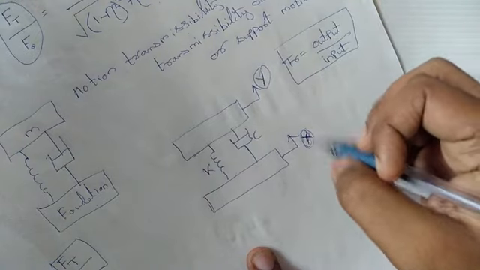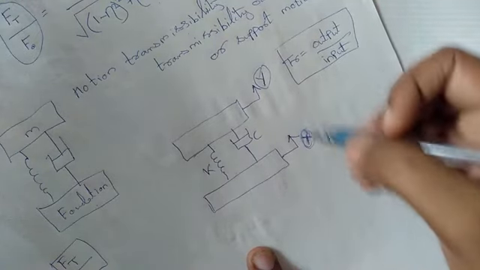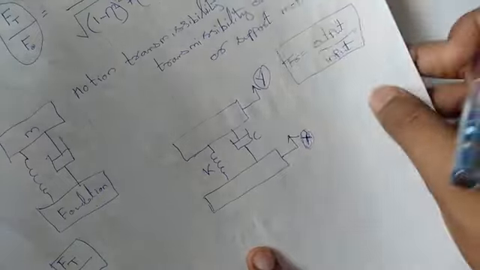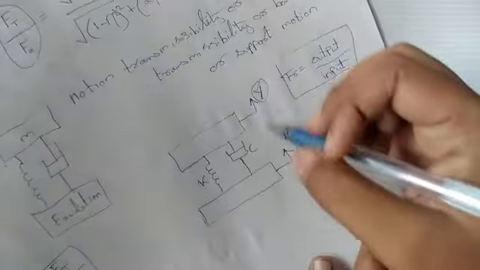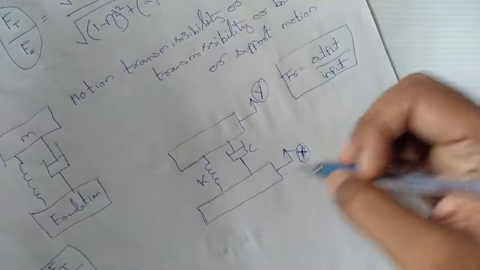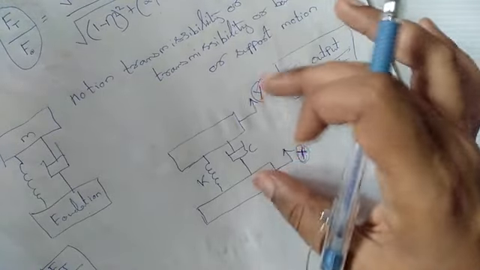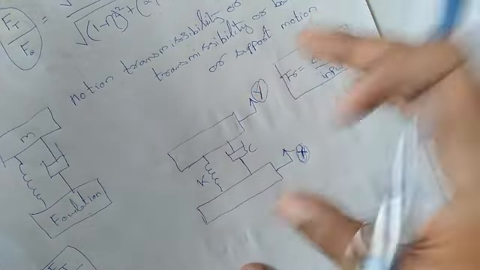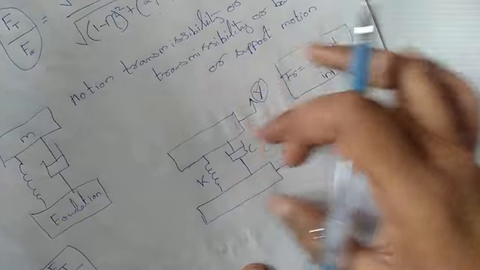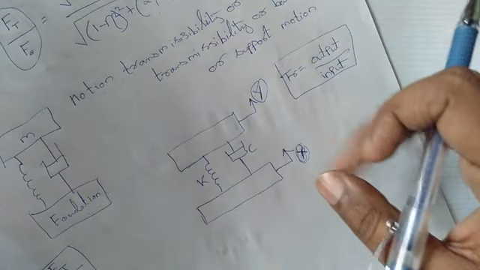Suppose if I write y here and x here, then it would be x by y. So don't just go with y by x or x by y. See what the situation is here. What is x here, what is y here? Decide whether it is x by y or y by x, because this can vary in different numericals.